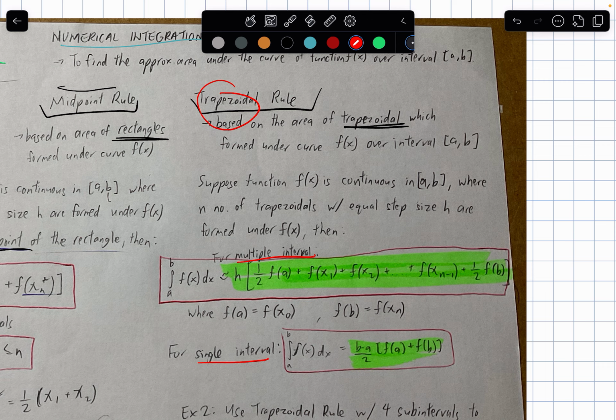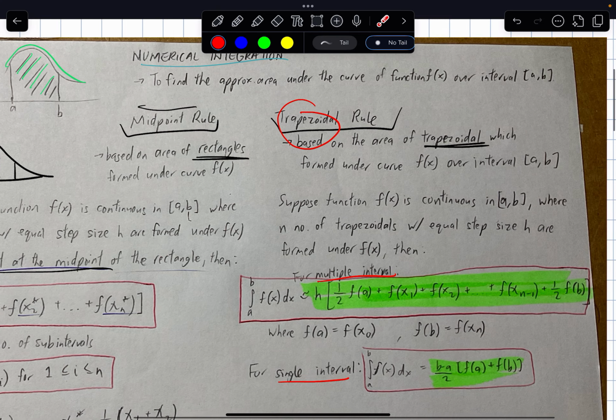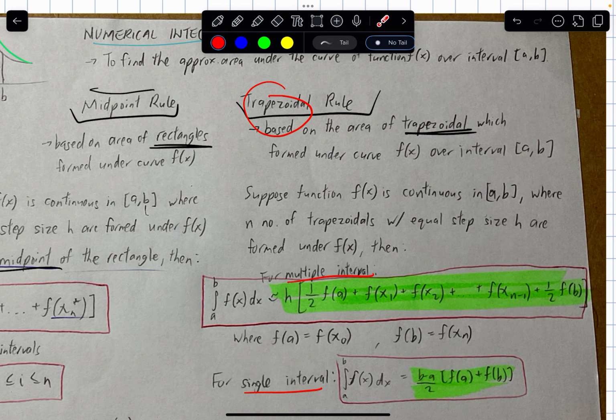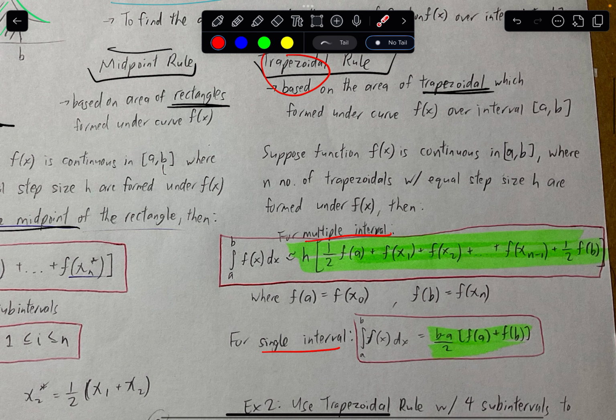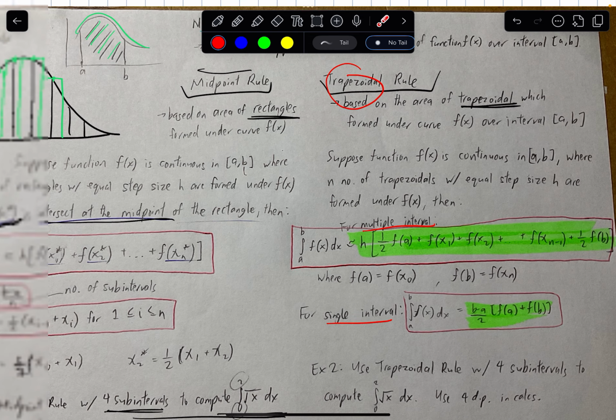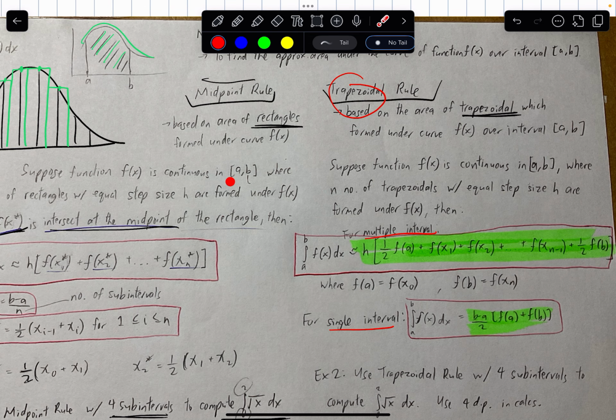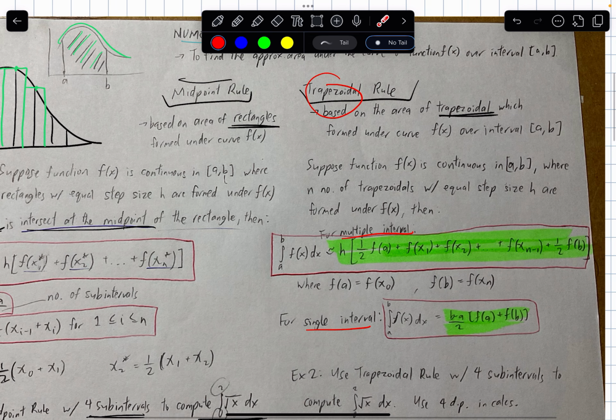So let's have a formal introduction muna for the trapezoidal rule. So how's it different from the midpoint? So again, this is based on the area of a certain shape. For midpoint, rectangle siya. For trapezoidal, trapezoid. So suppose function is continuous, it's actually same condition lang yun sa kung ano na yung binanggit ko kanina. So where n is the number of trapezoidals with equal step size h are formed under f of x.